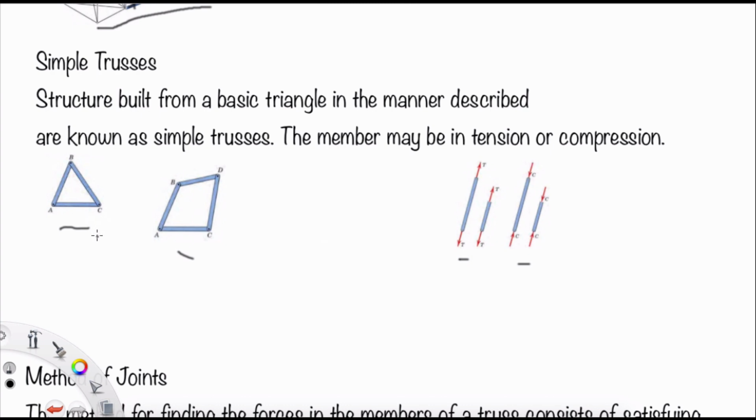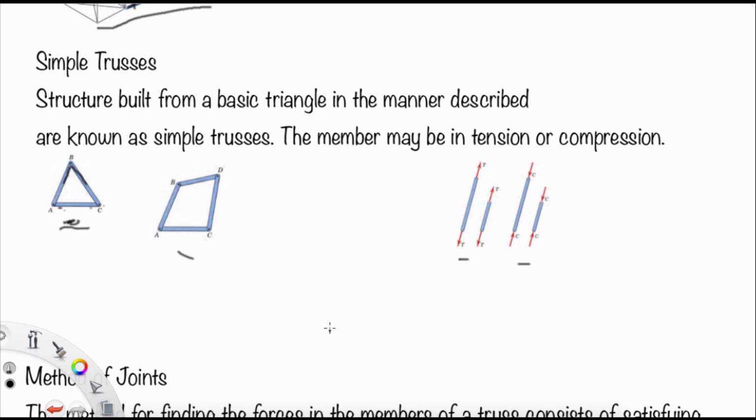In the simple truss, the basic element of a plane truss is a triangle. This is the basic element: 3 bars joined by pins at their ends. We have 3 bars or 3 members here joined at their ends.